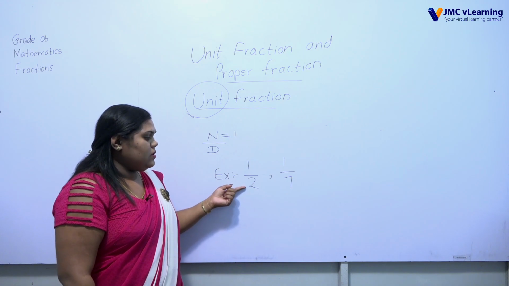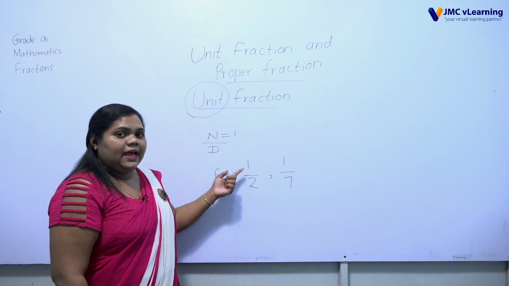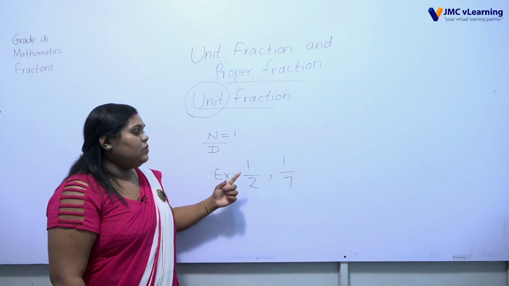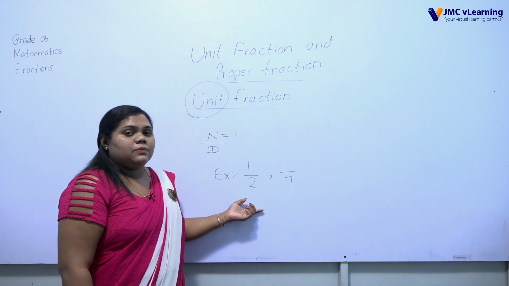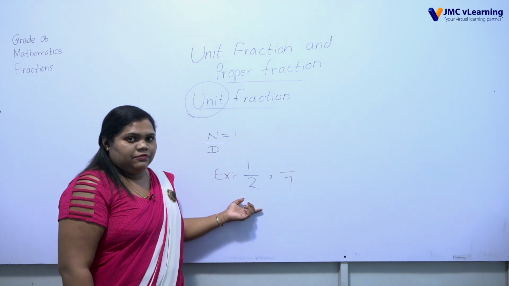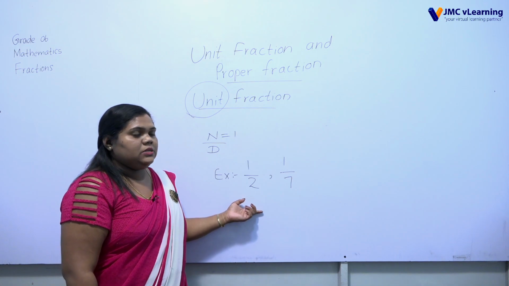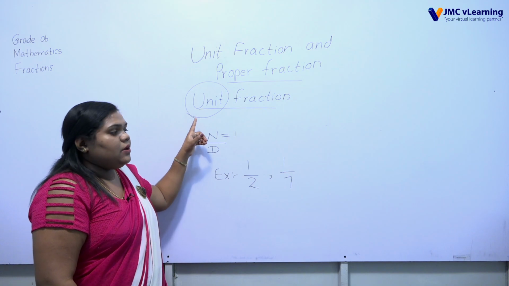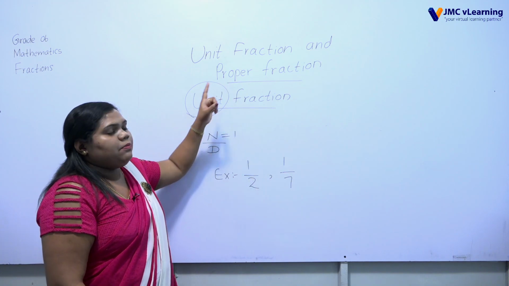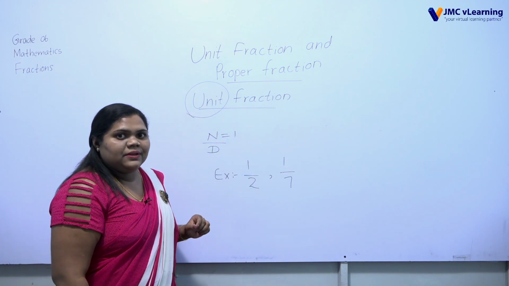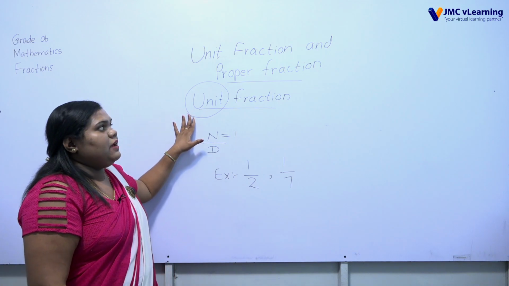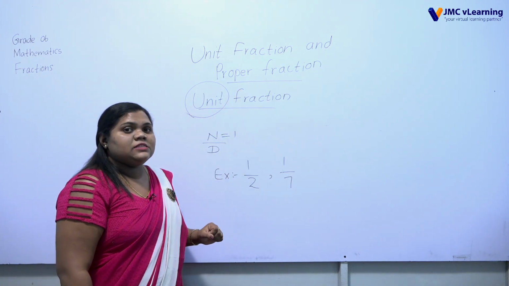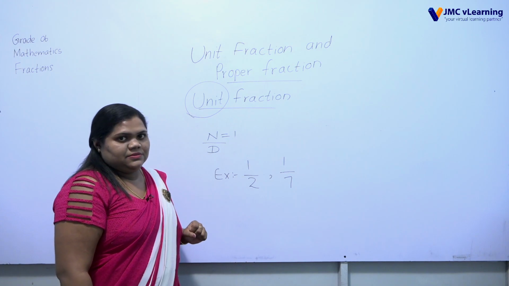Here also the denominator is bigger than the numerator. So these two fractions we can take as proper fractions also. It means all the unit fractions we can take as proper fractions. Are you clear children?